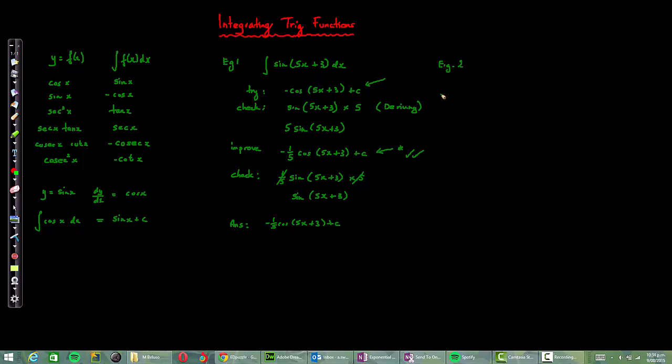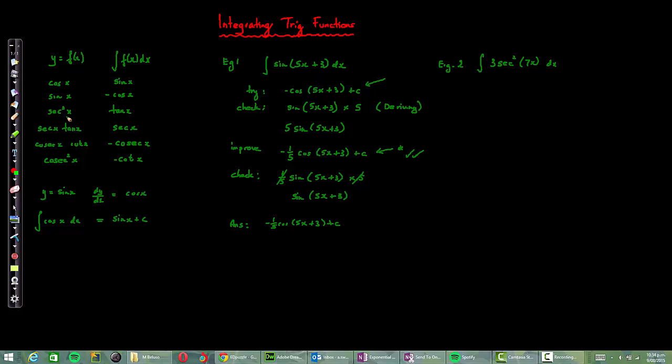Okay, so let's take something which looks a little weird when you first try and integrate it. Let's take something involving the sec squared here. So let's say we had to integrate 3 sec squared of 7x with respect to x.